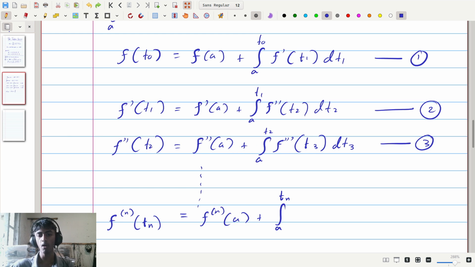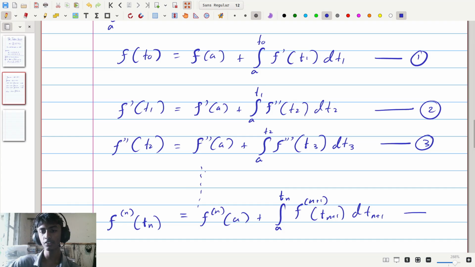You can see that, of the value of the very next derivative, here we can see the second derivative has the third derivative in the integral, the first derivative has the second derivative in the integral, therefore the nth derivative would have the n plus 1 derivative in the integral, evaluated at t sub n plus 1 d t sub n plus 1.